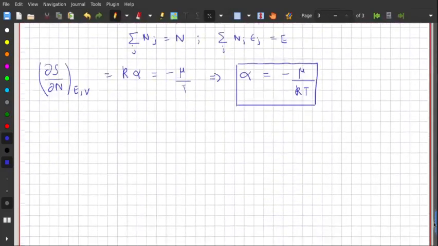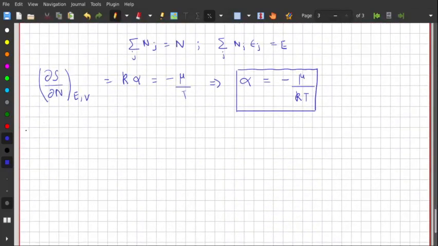Let's move on to the next part of this discussion. We now know alpha and beta, and the question is, can we find a general expression for pressure? So compute P in terms of entropy, basically.